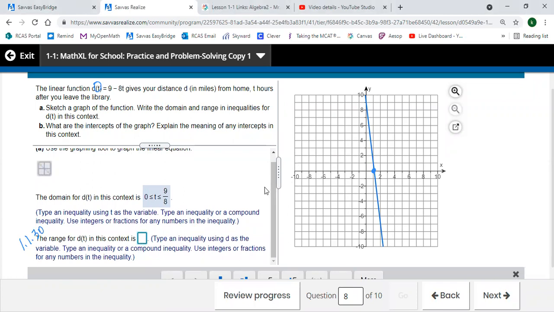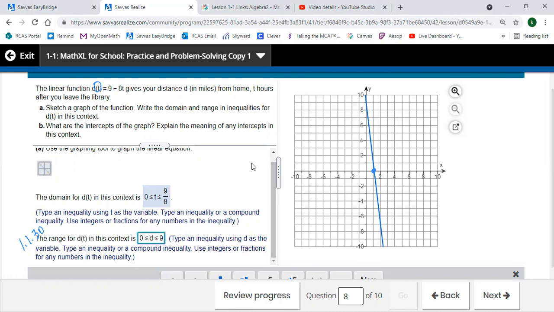So my distance, how low does it go? 0 up to how high? That was that 9, right? My y-intercept right there. So my distance went from 0. So reading this backwards so far, my distance is greater than or equal to 0. And then on the other side, it's less than or equal to this 9 up here.